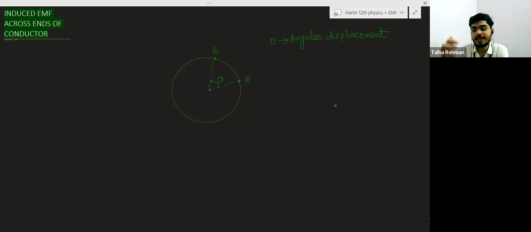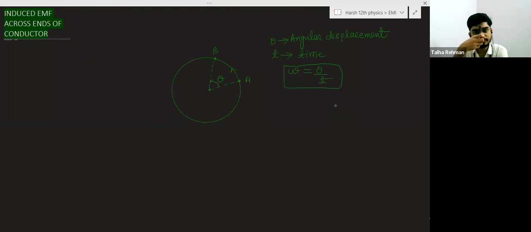Suppose in going from A to B, the body takes a time t. So the angular velocity omega is given by theta divided by t.